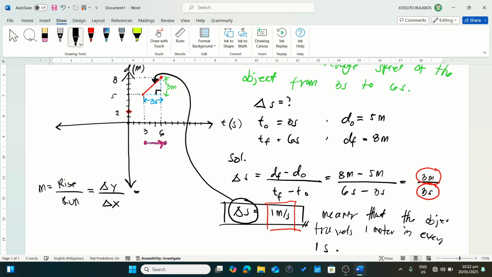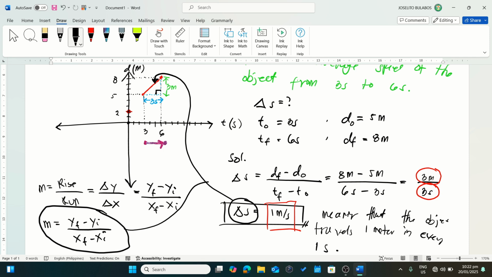Okay, so we have here yf minus yi and then xf minus xi, and notice that this m here, yf minus yi over xf minus xi, is actually identical to the equation we have in this one. So this clearly means that the speed is nothing but the slope.